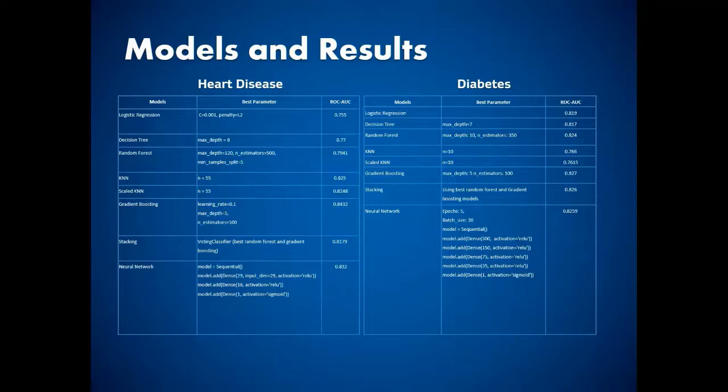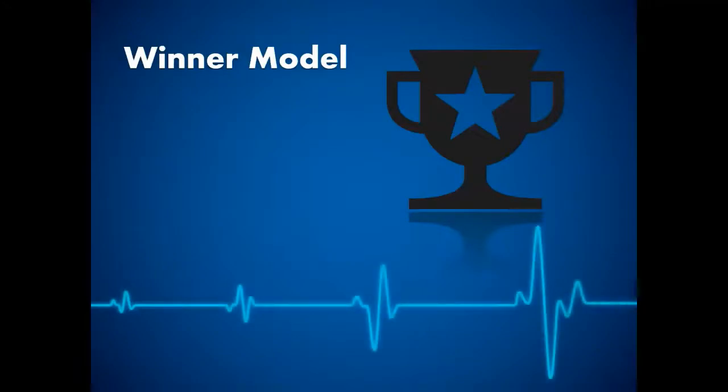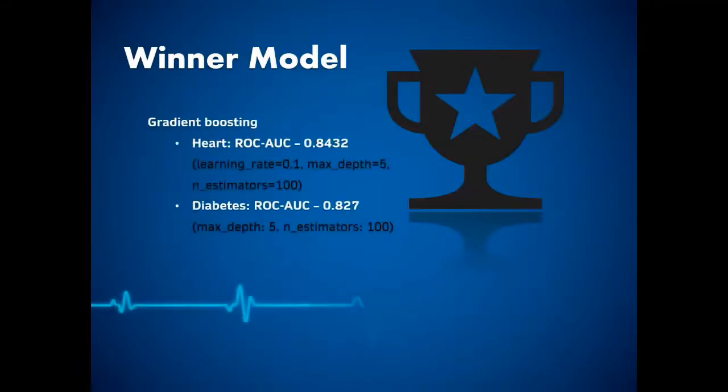And we also used grid search to improve our model performance. After running the models multiple times, we found out that gradient boosting was the best model that worked for both the datasets, as it provided us with the best ROC AUC score for heart as well as for diabetes.